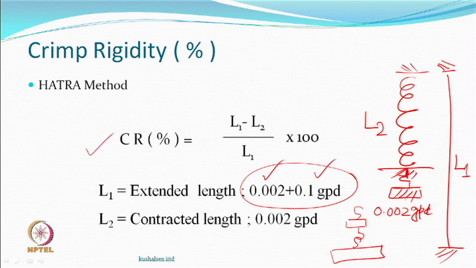Although one could have said one should call it a crimp recovery, but the term has stayed, it is called rigidity, because some rigidity within the so called helical structure is responsible for it to attain this shape, right.